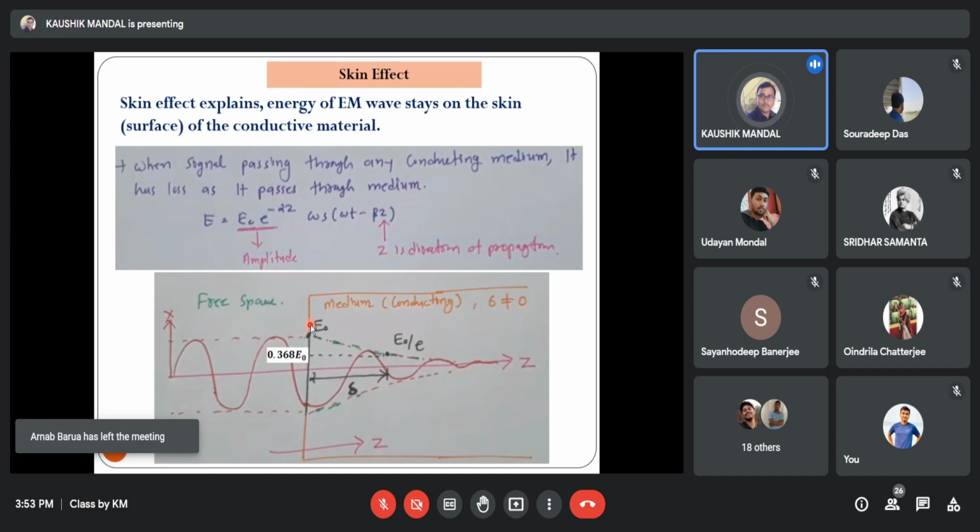From the maximum E0, it is attenuated to 0.368 E0, almost 37% decay in the amplitude. This particular depth is known as the skin depth.